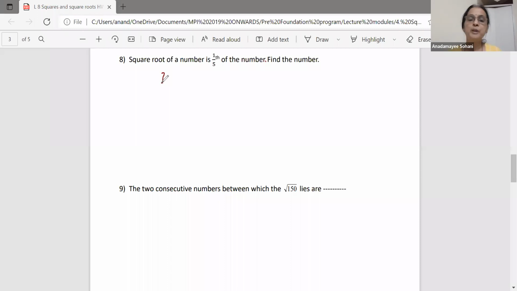My method 1 is, let the number be x. Then the square root of the number, that is root x, is 1/5 of the number, meaning root x is 1/5 of x.